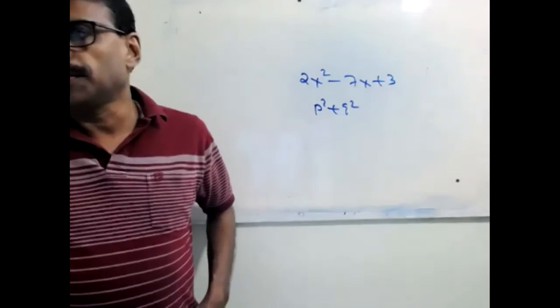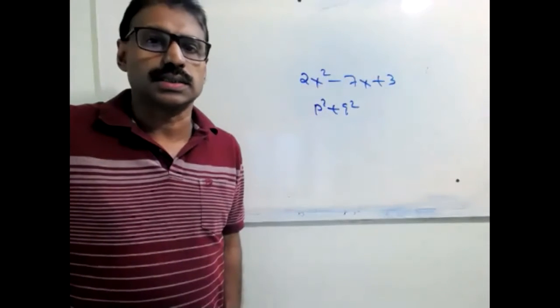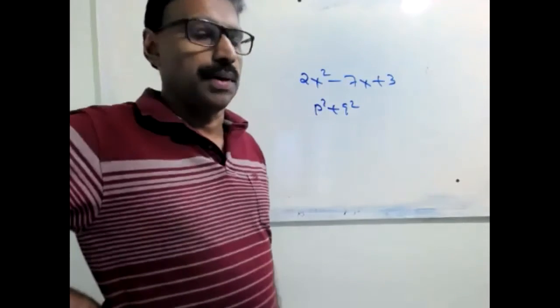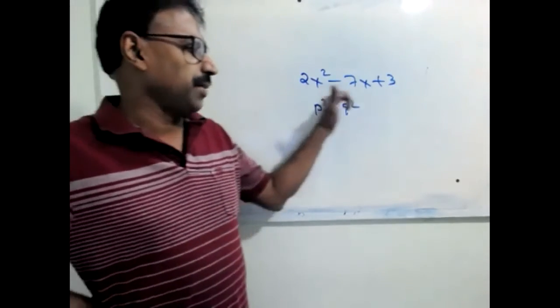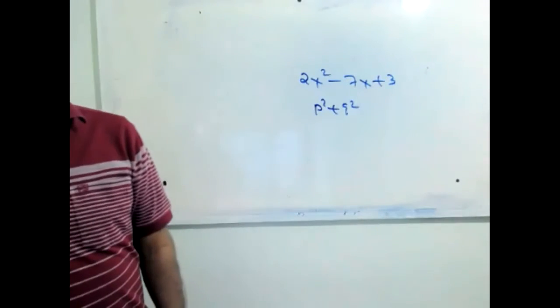Listen, P and Q are the zeros of the polynomial 2x square minus 7x plus 3. Find P square plus Q square. Okay, find first.